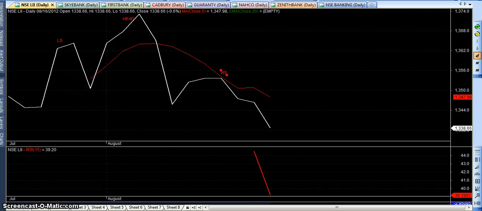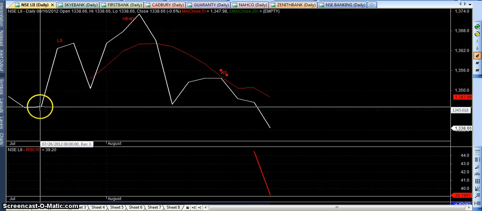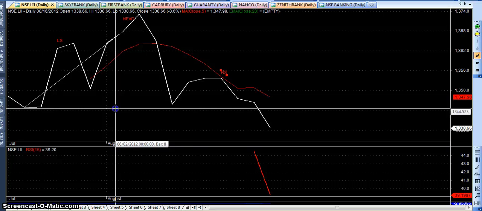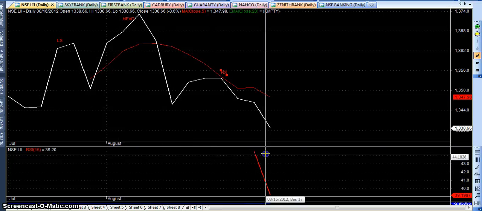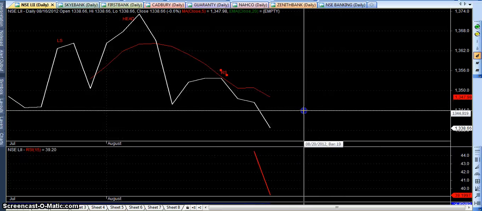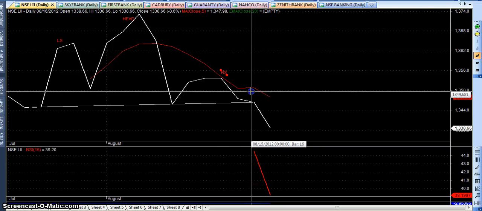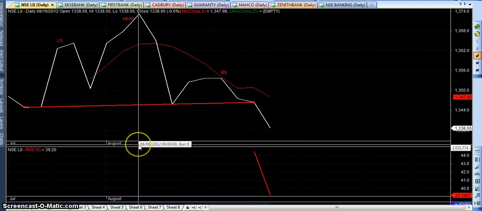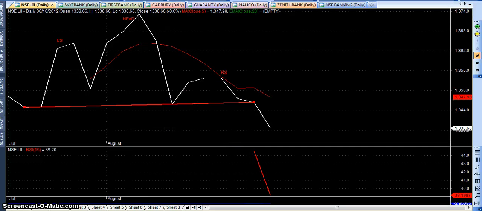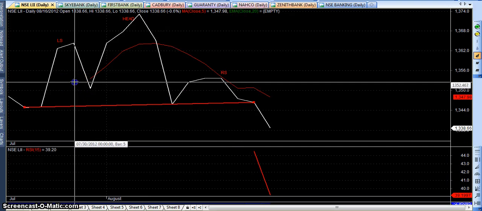So my neckline will be basically around here, that'll be the neckline possibly, or we're drawing it from here depending. There are two ways.